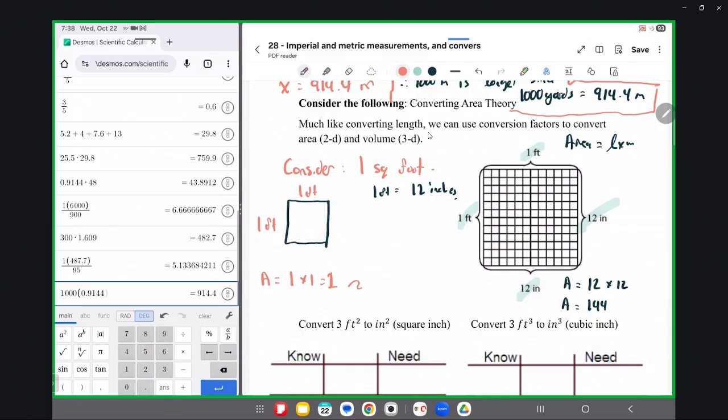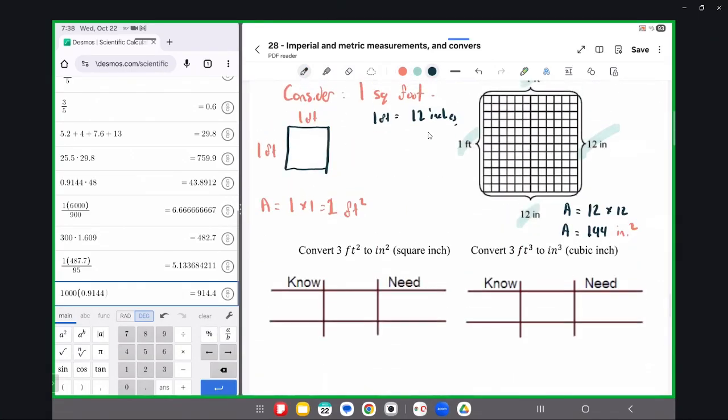Now we should use the notation for this. Normally I type this up. So these are square feet and these are square inches. So we end up with an unusual situation where we have now claimed that one square foot is equal to 144 square inches.